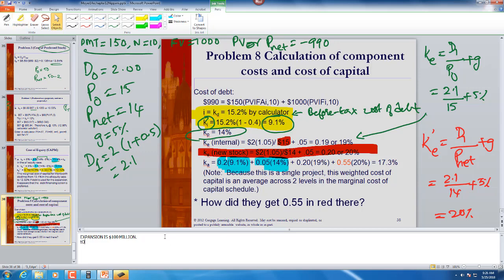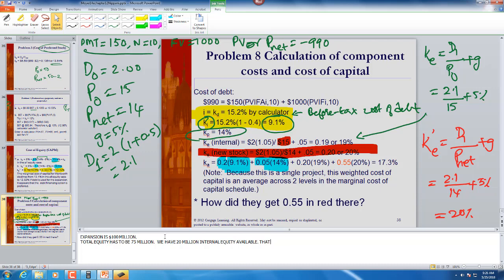Total equity has to be 75 million, and we have 20 million internal equity available.